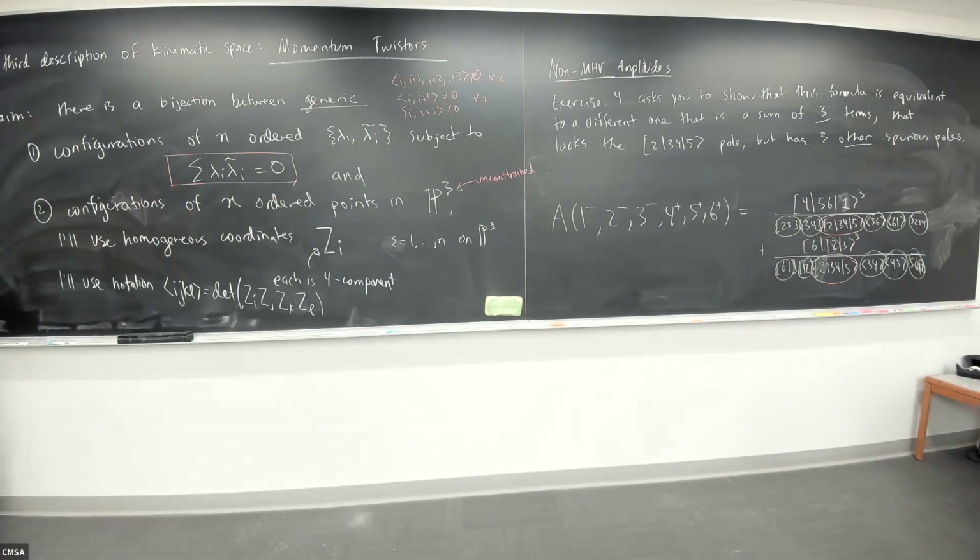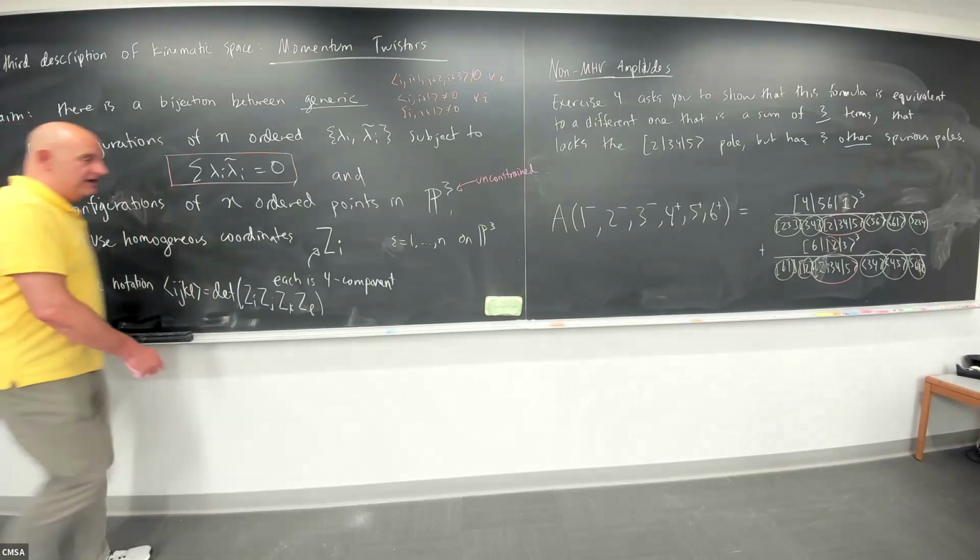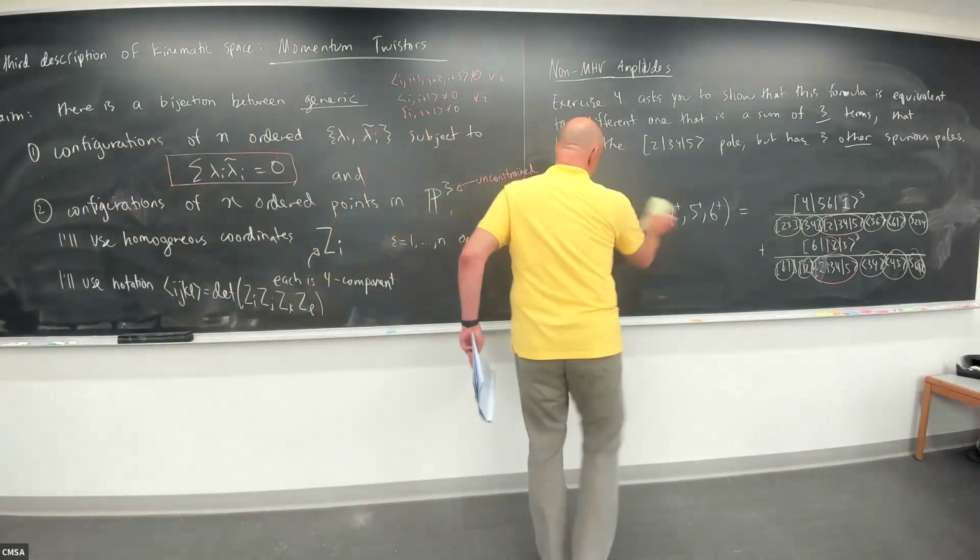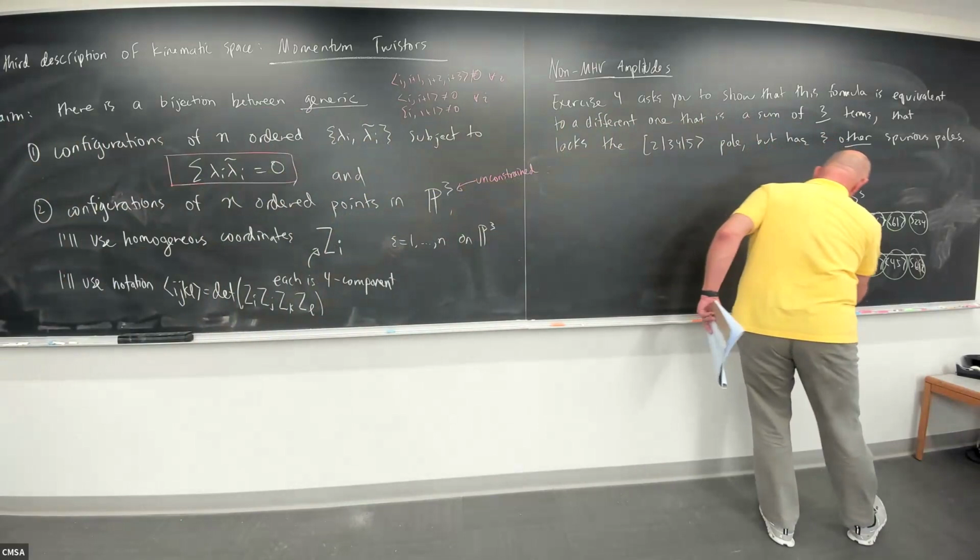And often it's hard to see how to use that constraint to get from one formula to another. Whereas when you switch to these momentum twistor variables, they're completely unconstrained, which is a nice advantage. So let me just give a brief formula for what they are, how to define them.